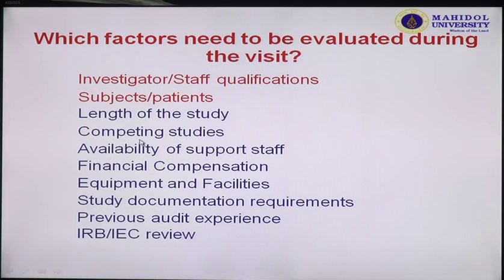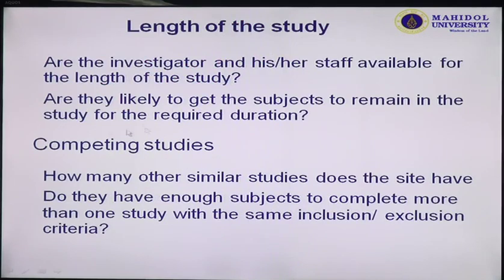And competing studies, for example, you are the PI, you may have 2 grants and you are doing the 2 studies in parallel, and supporting staff, financial, equipment, facility, documentation, audit, ease of review. Another important point of a lengthy study is how to maintain patient inclusion.